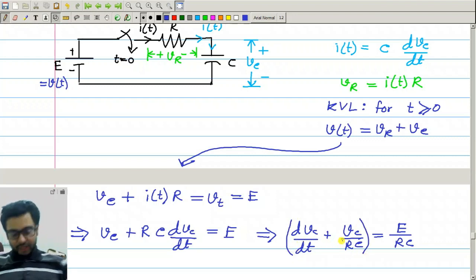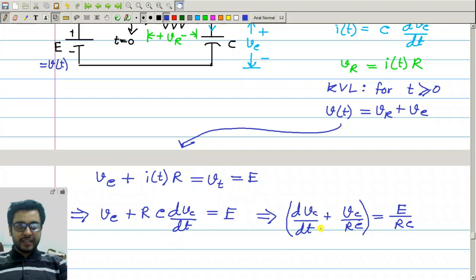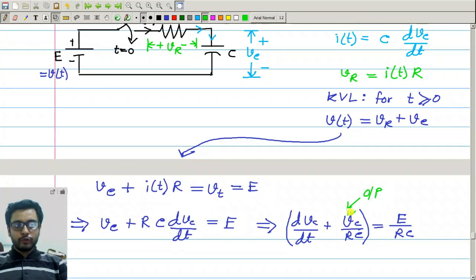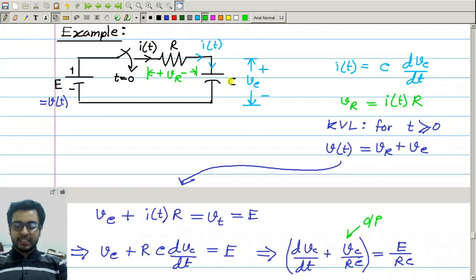So this is a first order equation. To find the output Vc, here Vc is what we are considering as output, that means we want to find how capacitor voltage changes with time after the switch is closed.